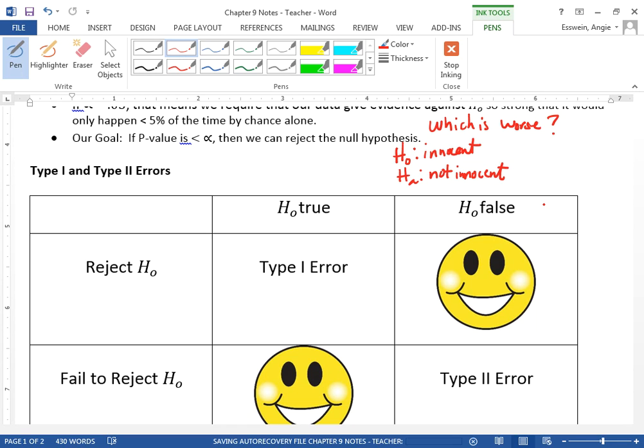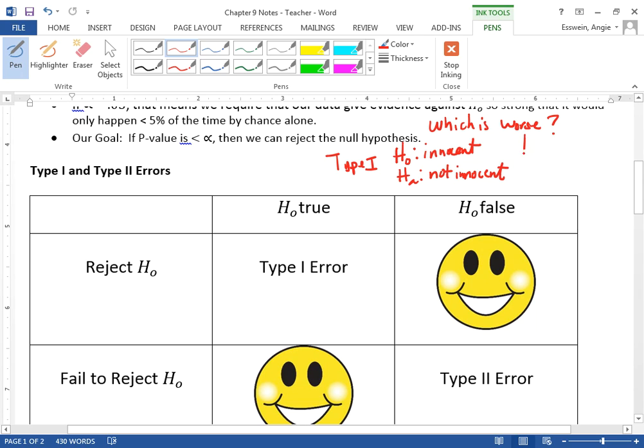Type 1 is that you conclude that someone's guilty when they're not. So type 1 is worse in that case. If they get off innocent when they're guilty, it happens, but it's worse to put someone in jail. Well, we can come up with exceptions.